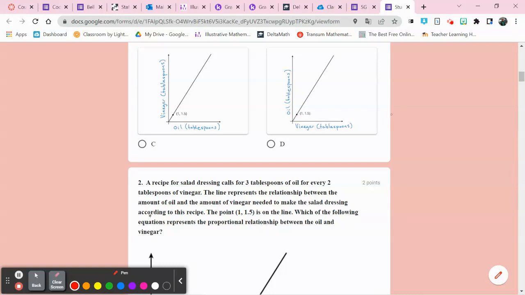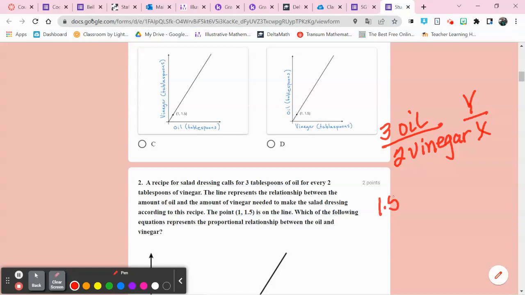So remember, up there we had done 3 of the oil over 2 of the vinegar. I'm just going to leave the tablespoons out. This is our y. This is our x. We do 3 divided by 2, and we get 1.5.